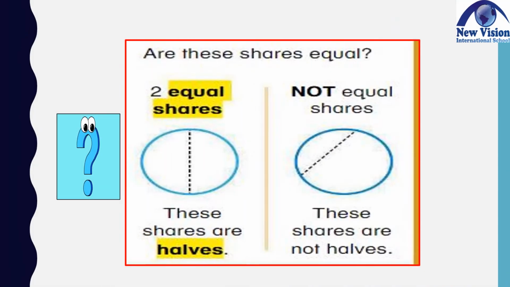Are these shares equal? Why are the two shares in the first circle called halves? Because they are two equal shares of the whole. Why are the two shares in the next circle not halves? Because each share is a different size.